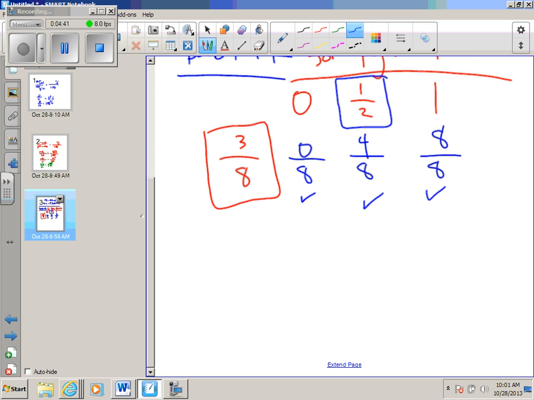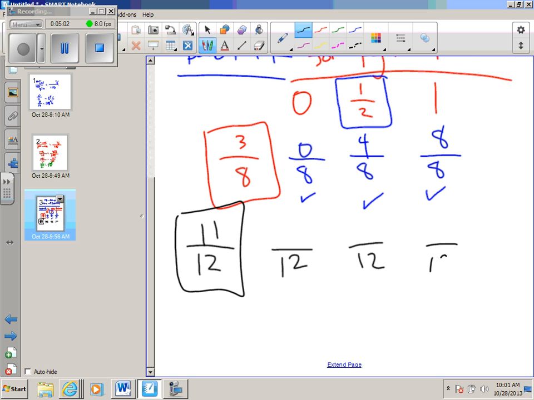Now, when you have a denominator that's even, it's actually pretty simple. So how about 11/12? I need to round this 11/12. I'm going to use my benchmarks 0, half, or 1. So again, 0, that's easy.